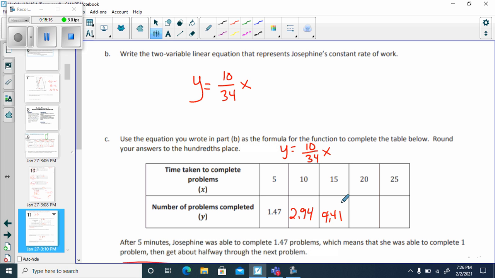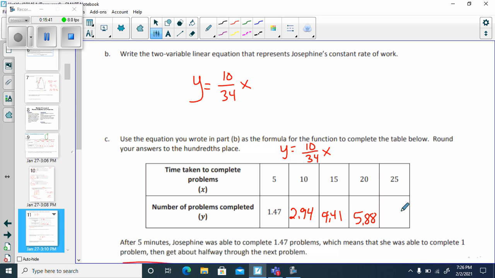20 minutes, let's plug it in. 10 divided by 34 times 20, and it would be 5.88. 5.88 problems, almost 6 problems, and then 25. 10 divided by 34 times 25, 7.35.